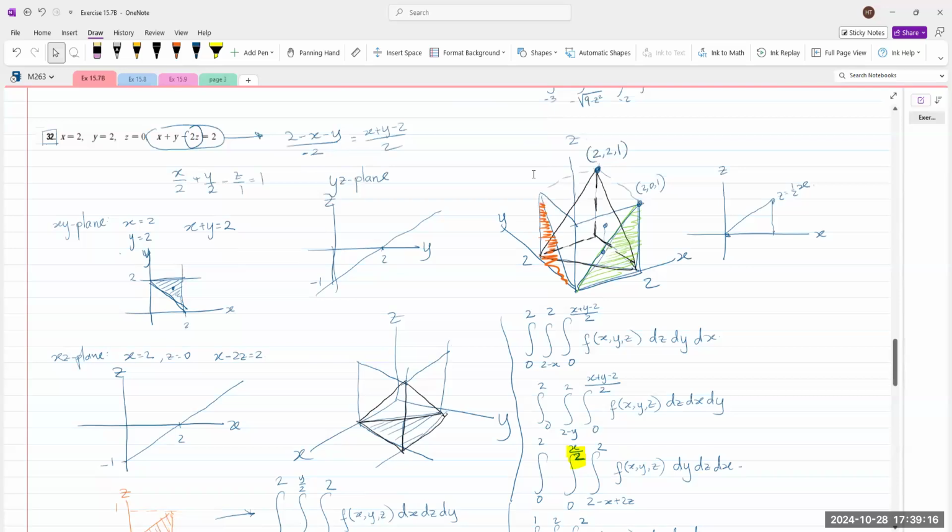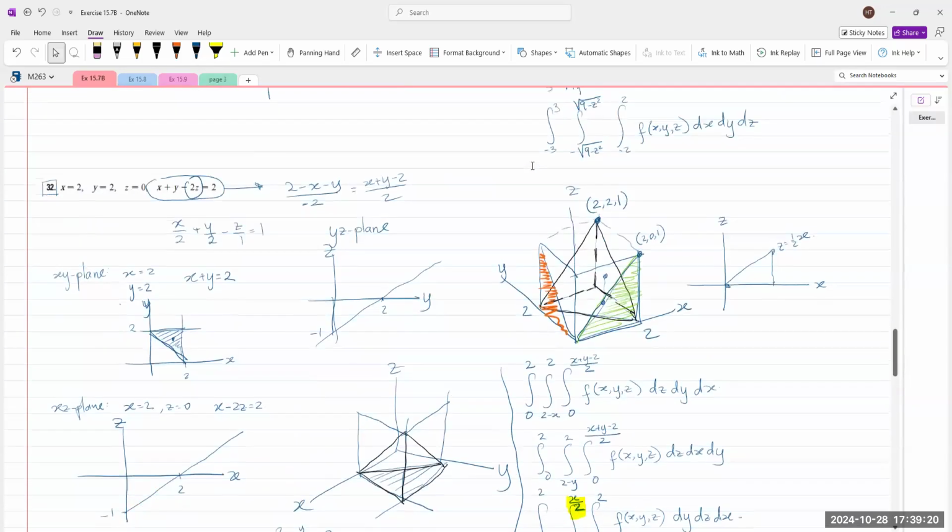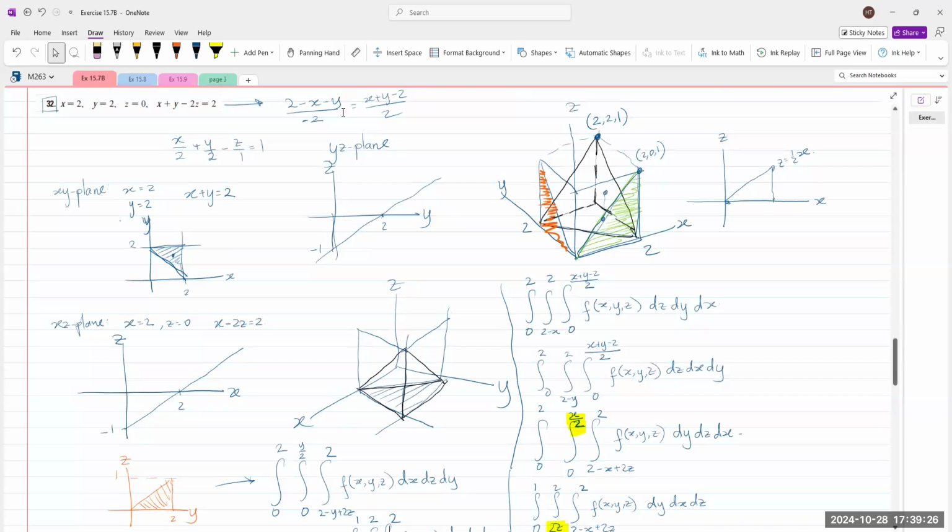I think one of the reasons why this triple integral is harder to work with is because the domain, the solid, is not sticking to the XC plane, not sticking to the YC plane. It is sticking to the XY plane. That's the pretty nice one. That's why it's easier for us to do the outer integral XY.